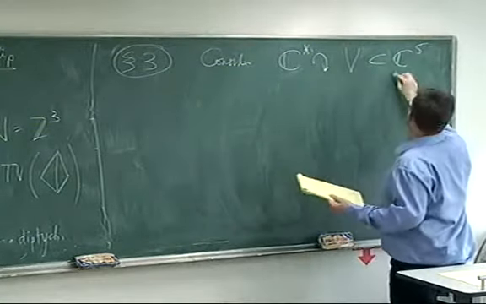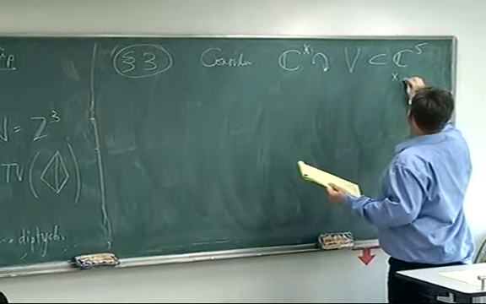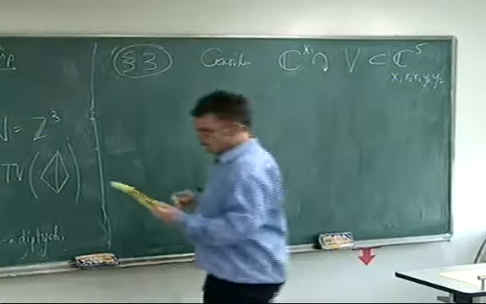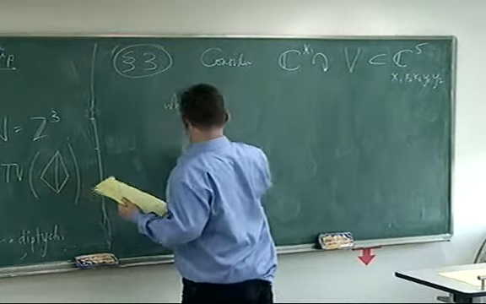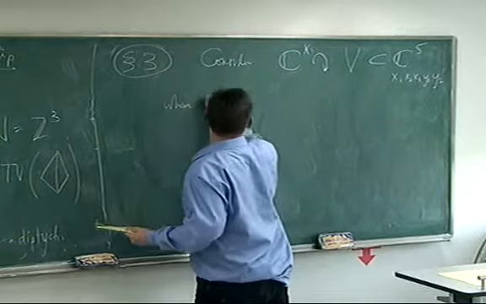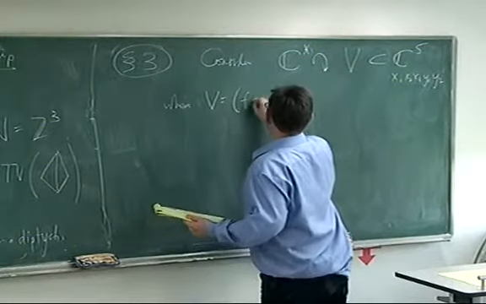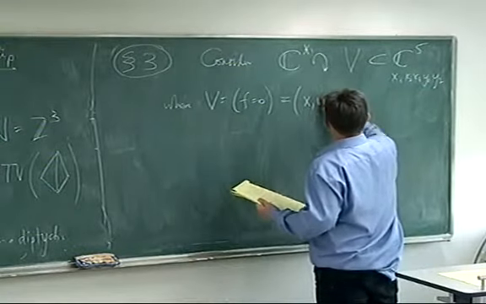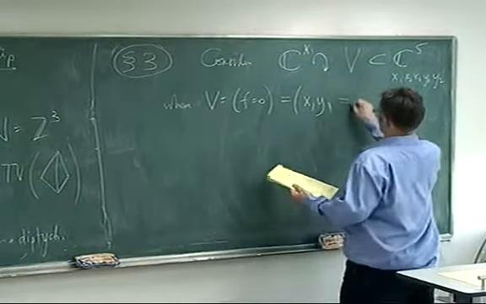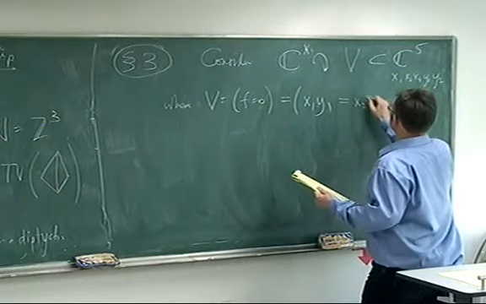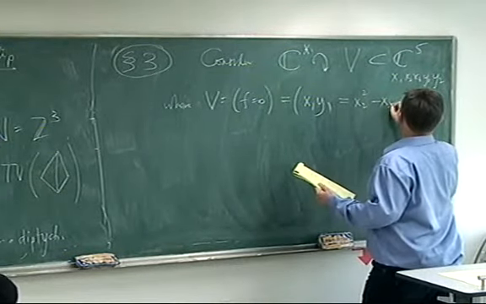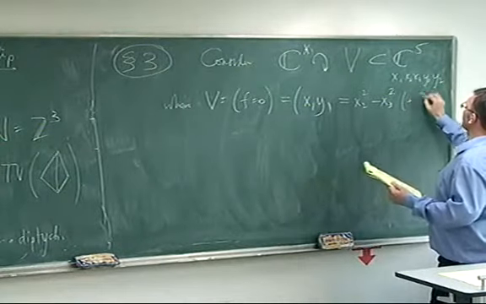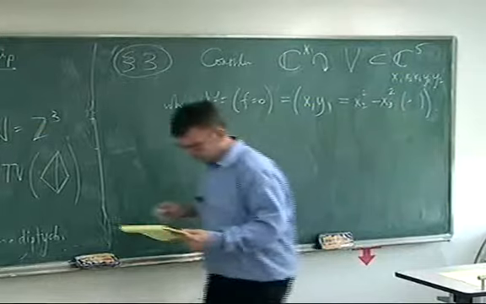C5 has coordinates x1, x2, x3, y1, and y2, where V is some f equals 0, and I'm going to specify this f as being, rearranged, x1 y1 is equal to x2 squared minus x3 squared. And then possibly plus some other terms, but I'm not going to worry too much about this.